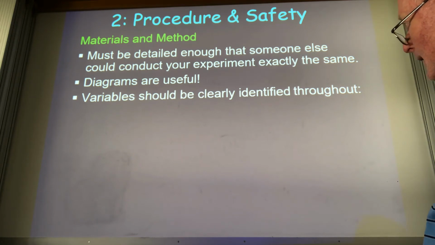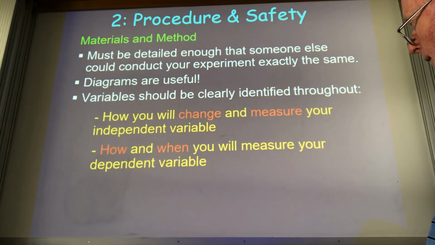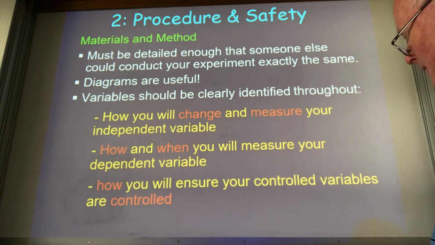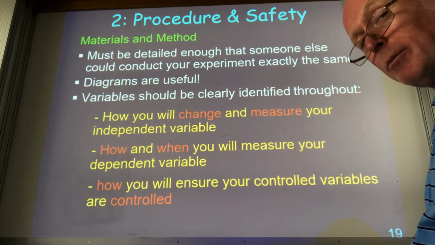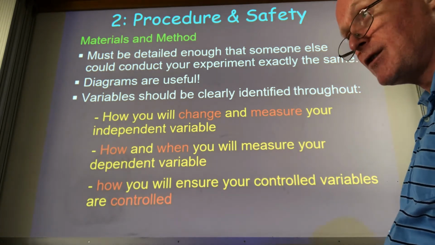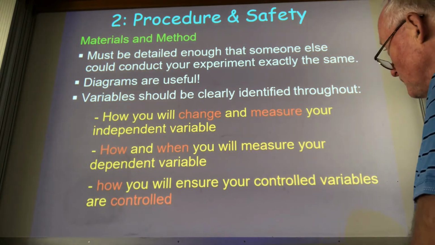And identify your variables, how they're going to be varied, how they're going to be measured, how they're going to be controlled. They're the key aspects of a procedure, a method. They're what you're going to have to make sure is clear in your method. More importantly, when you come to do exam questions on this, they're the features that you need to make sure you're covering.